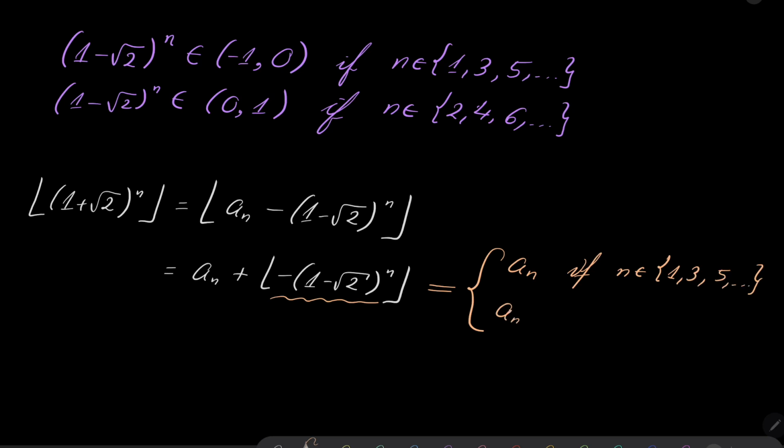When n is even, then we have a_n, and then this number is between minus 1 and 0. Floor of this number is minus 1, if n is even, but from 2 onwards. Alright.